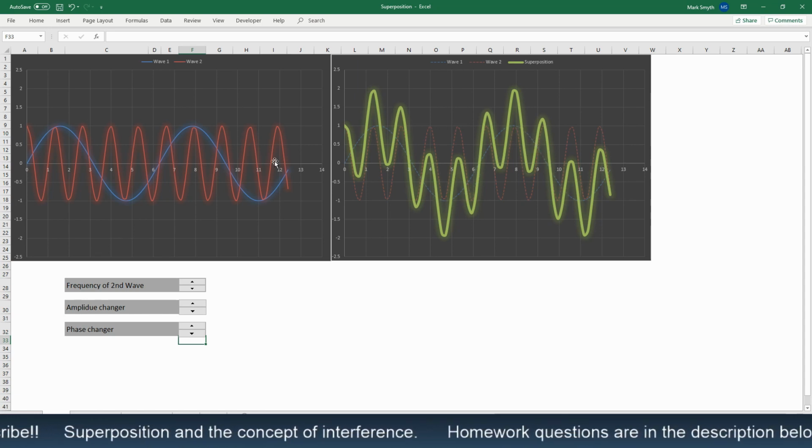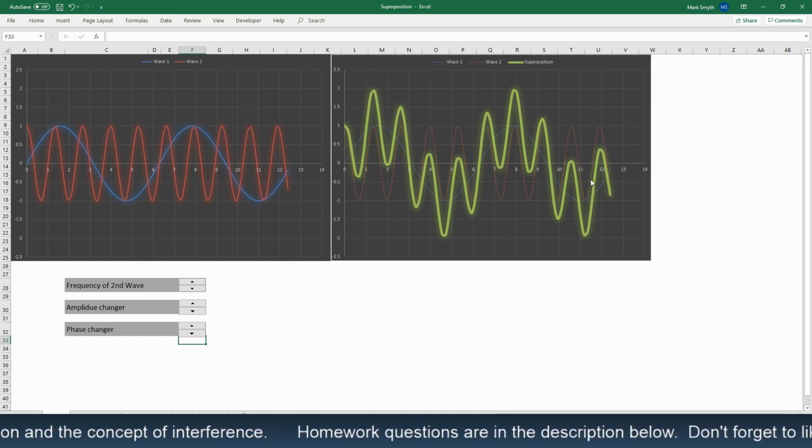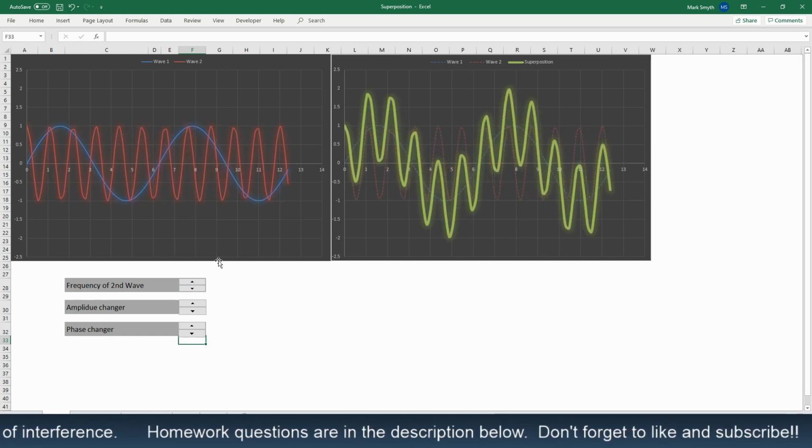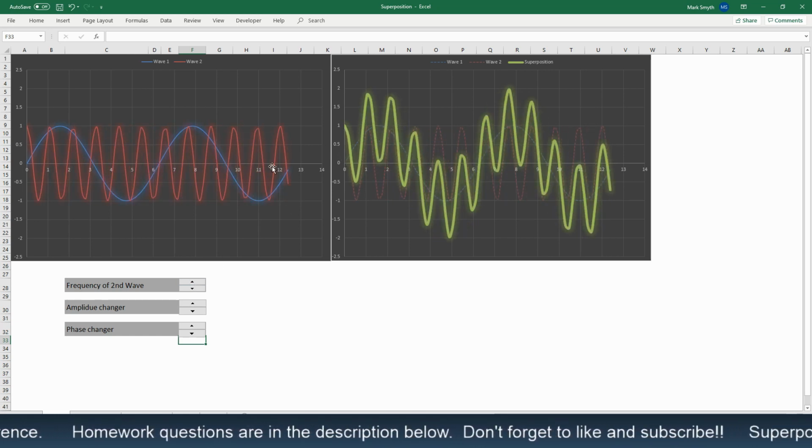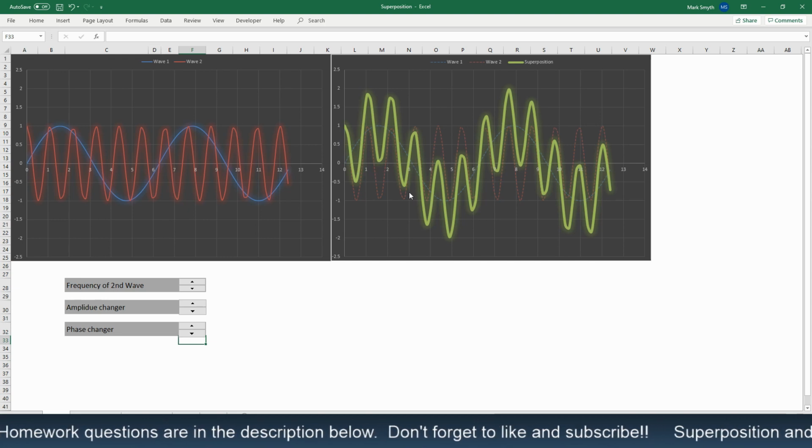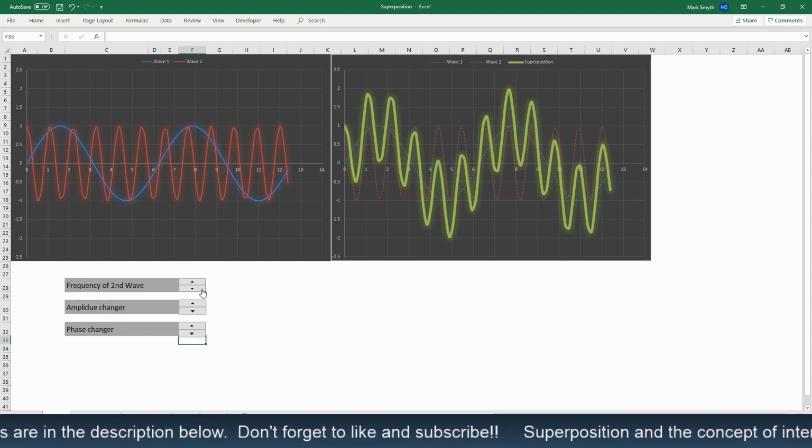So you end up with something that looks like the red wave sitting on a pattern that looks like the blue wave, when the frequencies are very unmatched, and we have lots of red waves available, but very few blue waves available. Okay, and this is the concept of superposition.